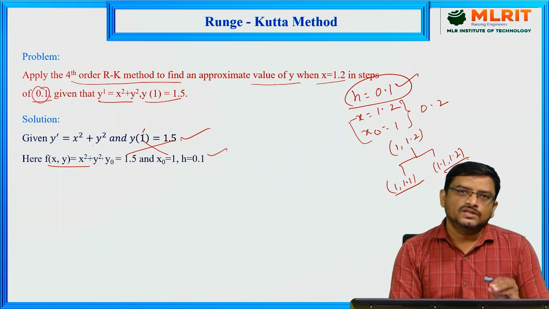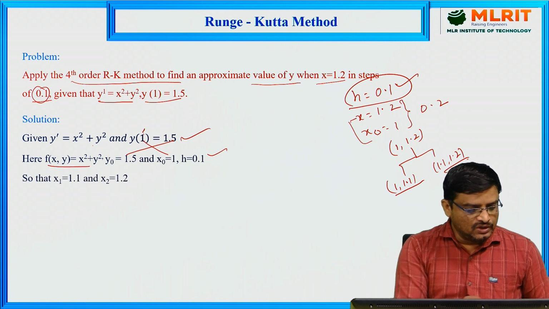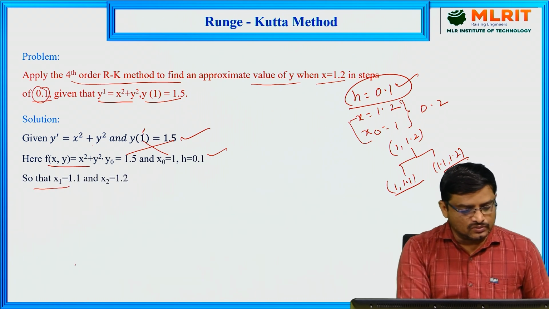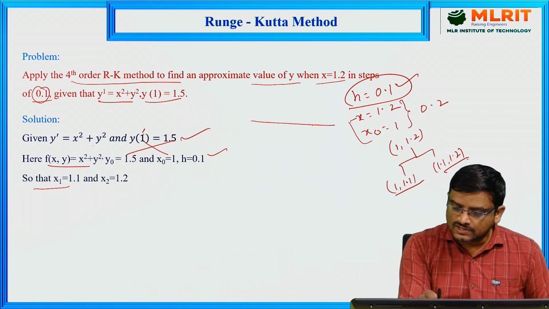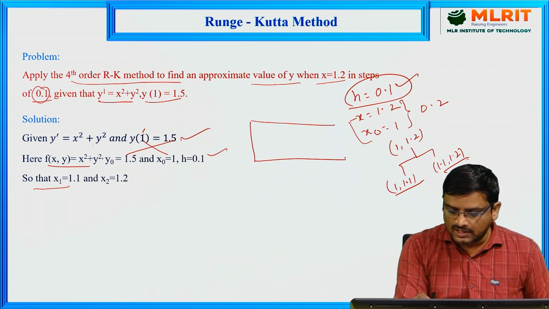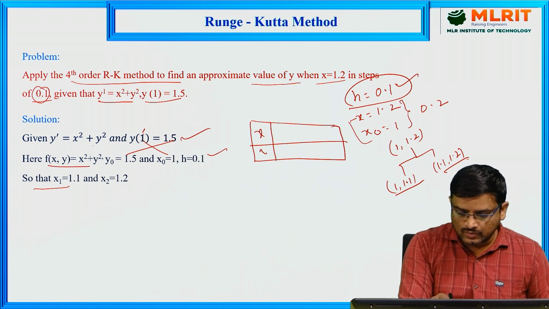Now by using this data, we have to find the values y1 at x1 and y2 at x2, where x1 is equal to 1.1 and x2 is equal to 1.2. As we discussed earlier, let us construct the table with x values and y values.